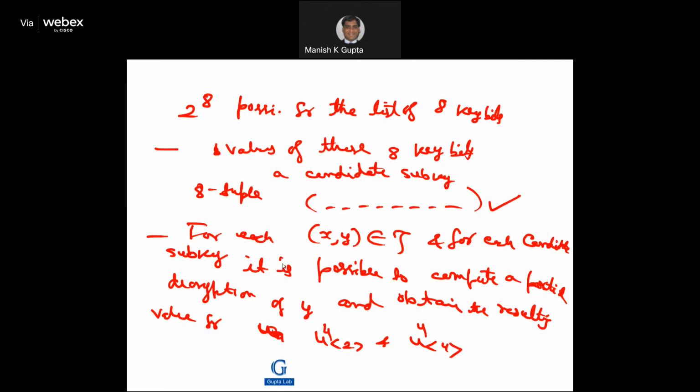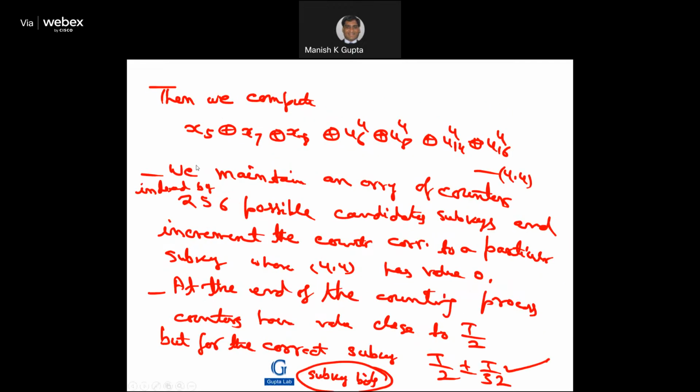This is how I will show you the algorithm now. We compute this expression because these two things are obtained. Now we maintain an array of counters with 256 possible candidate subkeys, and increment the counter corresponding to a candidate subkey whenever this expression 4.4 has value 0.